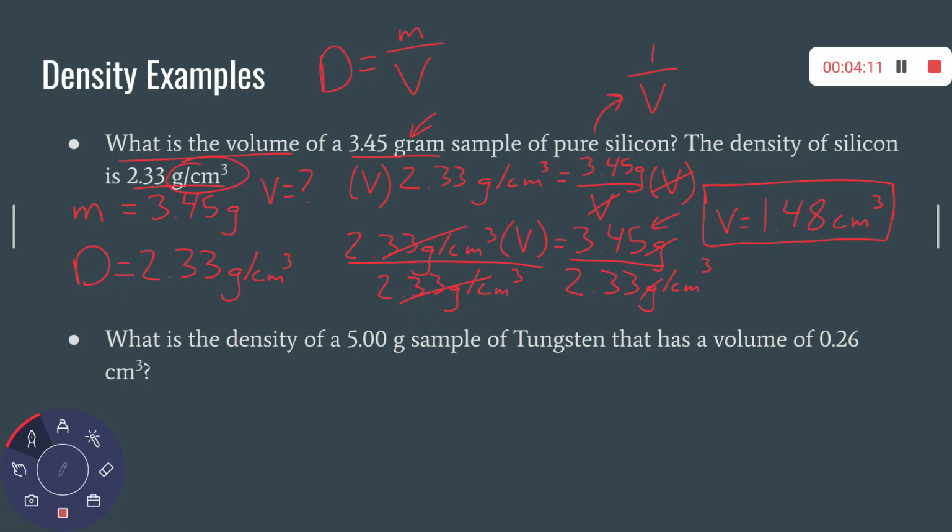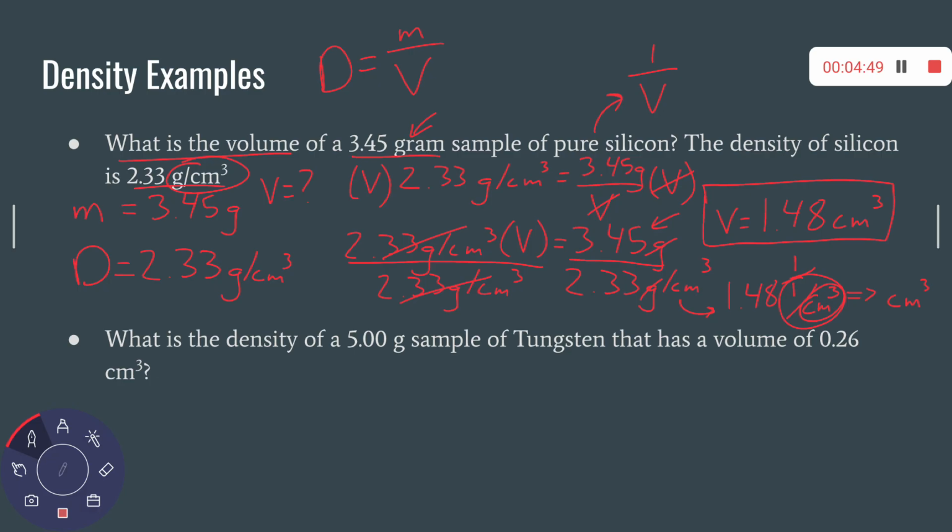If I were to simplify this statement, I would end up with 1.48, 1 over centimeters cubed. The phrase I use, the enemy of my enemy is my friend. The denominator of a denominator is a numerator. So here, centimeters cubed is in the denominator, and 1 over centimeters cubed is also in the denominator, which means that I end up with units of regular old centimeters cubed.